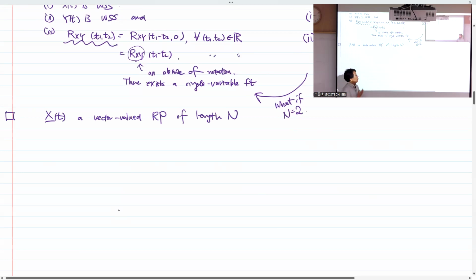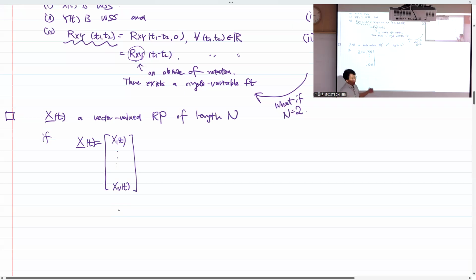So x underscore, let me just say x underscore. By the way, we don't say under bar, okay? Usually in the Western world, they say underscore. So x underscore is what? Simply a vector valued random process with some N random processes.